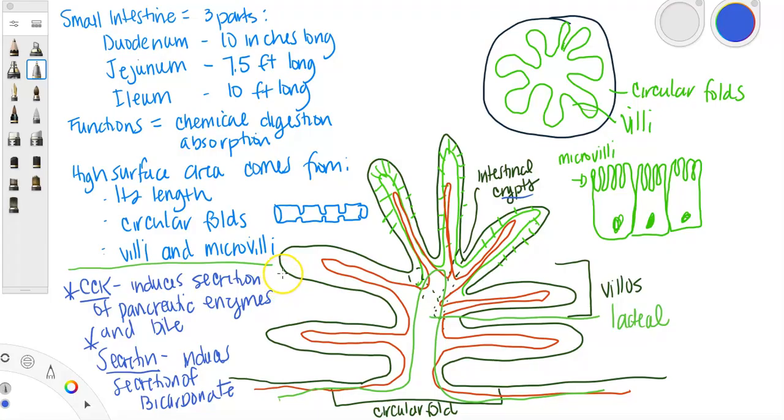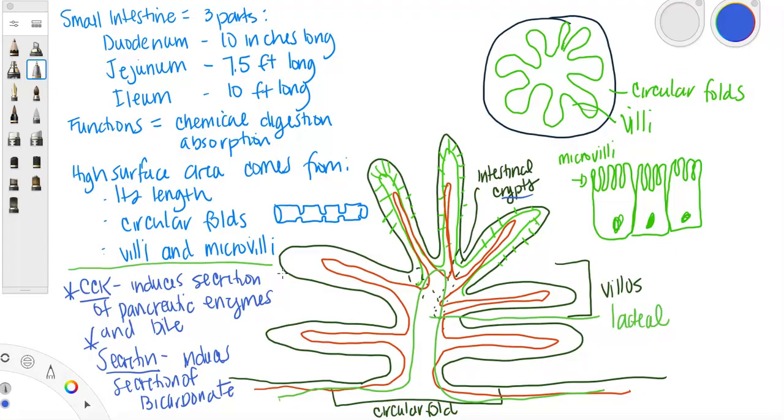So chyme, which is the substance coming from the stomach, which is just your churned up food, gets expressed into the duodenum, and it's going to be extremely acidic, way too acidic for these cells to function.